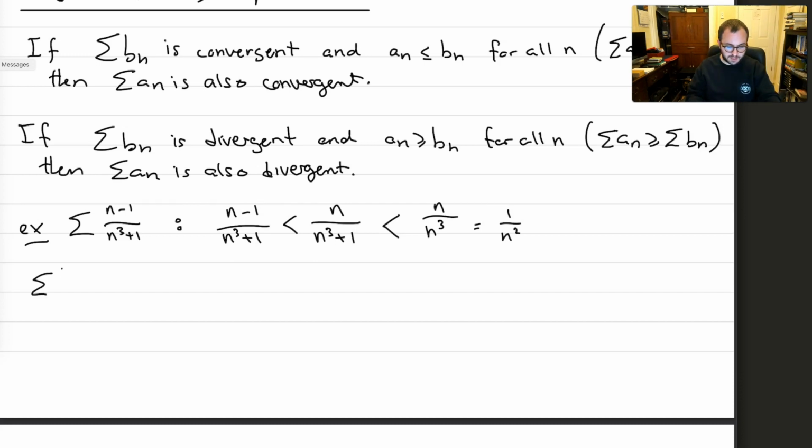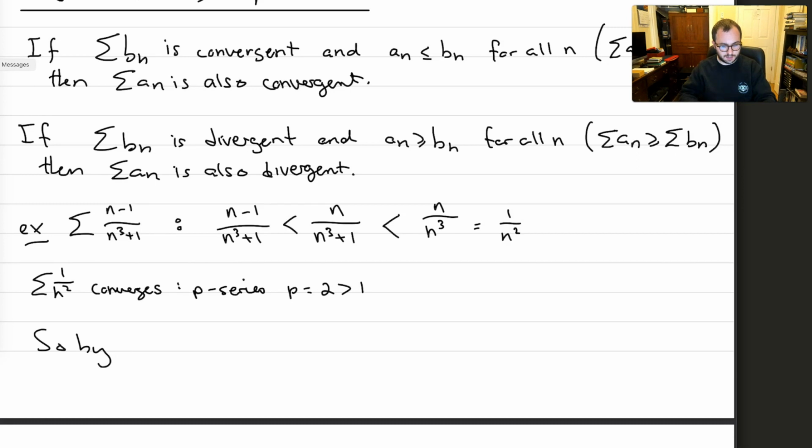I do know that the series 1 over n squared is convergent because it's a p-series with p equals 2, bigger than 1. So that's a convergent series. So my series is smaller than a convergent series.